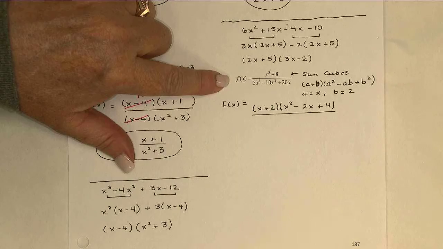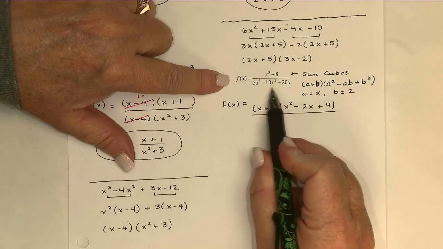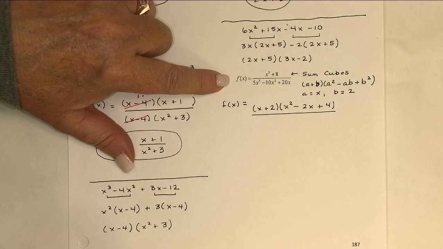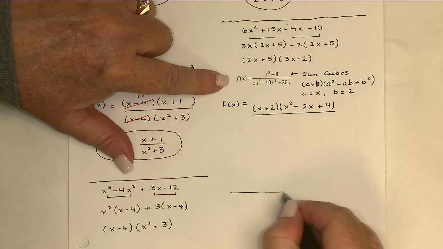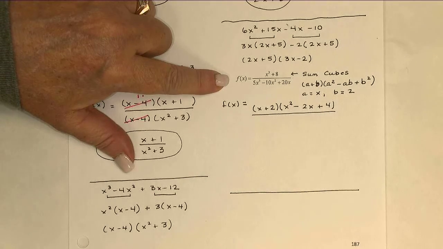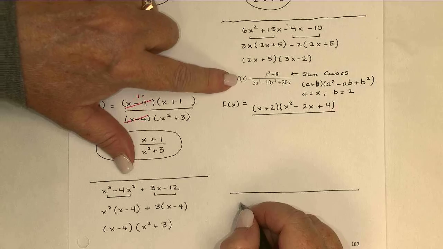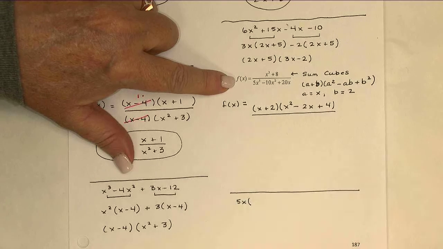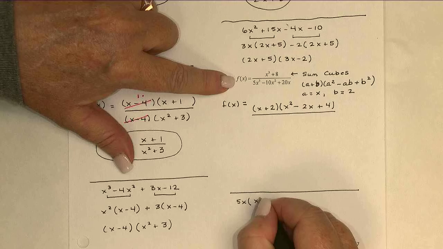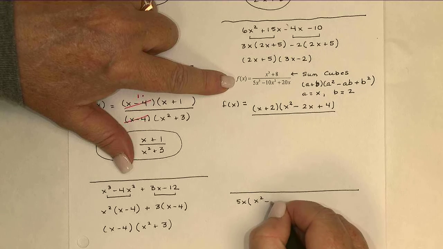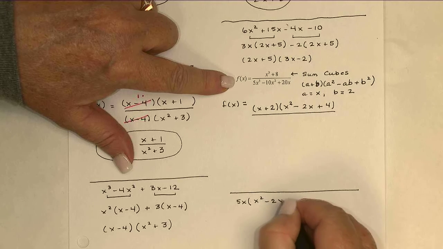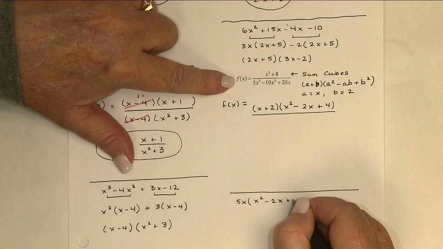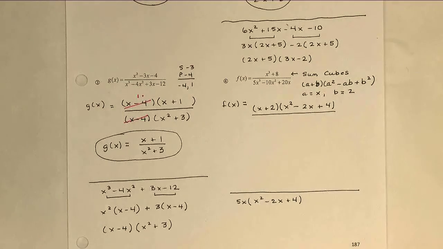The denominator, I first of all see a GCF here, a 5x that I could take out, and then it may factor after that. So once again, I'm going to move to some workspace near the bottom and work with that one. Let's start by factoring out a 5x. I'll have x squared minus 2x plus 4.